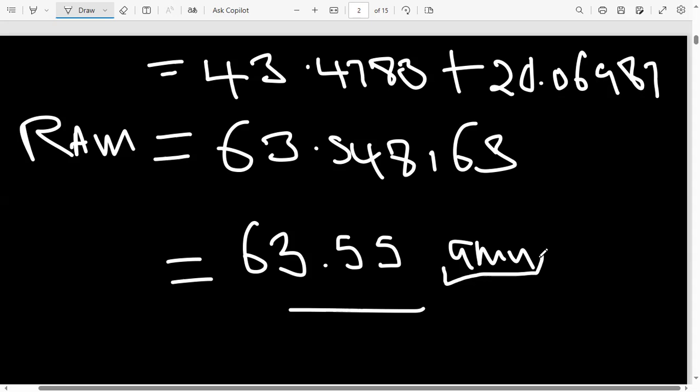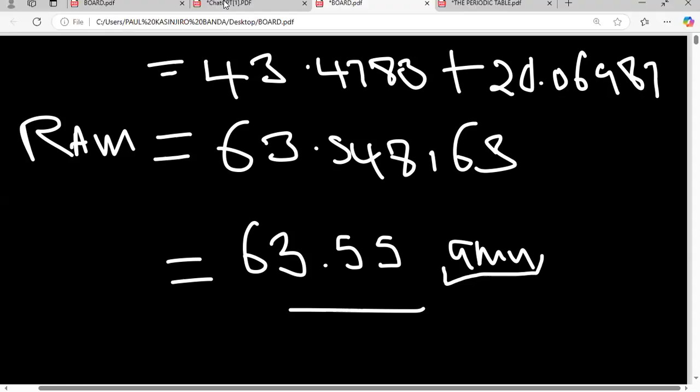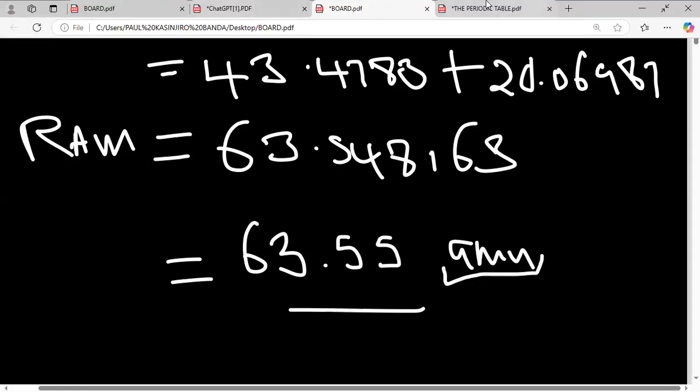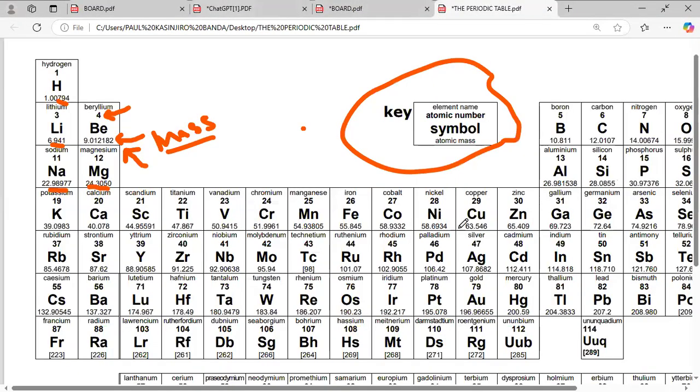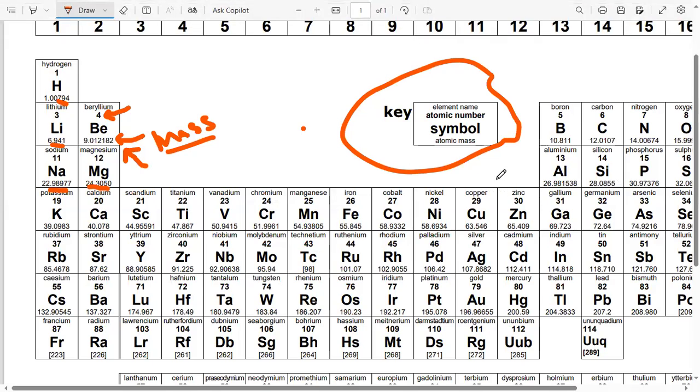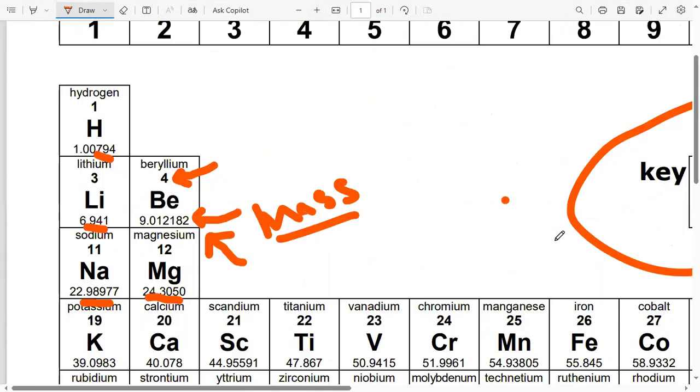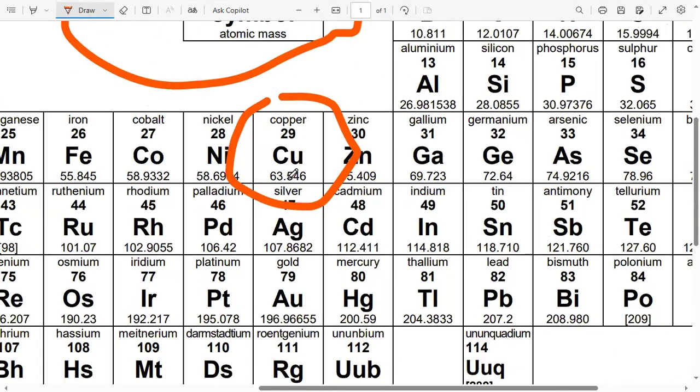Okay, so this mass here, if you go on the periodic table, what does copper have? Let's go on the periodic table. When you look at this copper here, let me zoom in. When you look at this copper, you see this relative atomic mass.